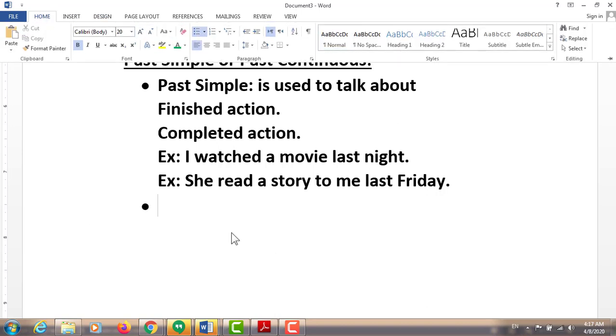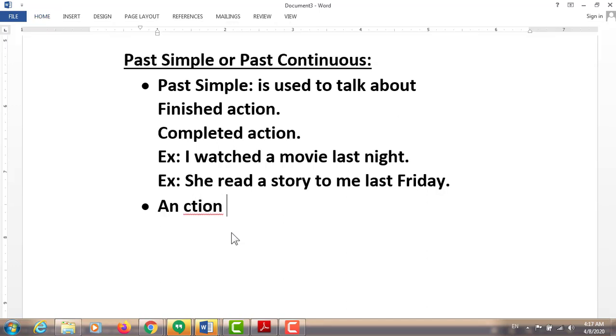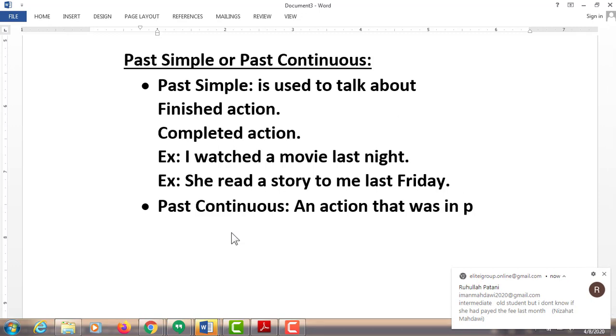But when I say past continuous, it says an action that was in progress in the past.